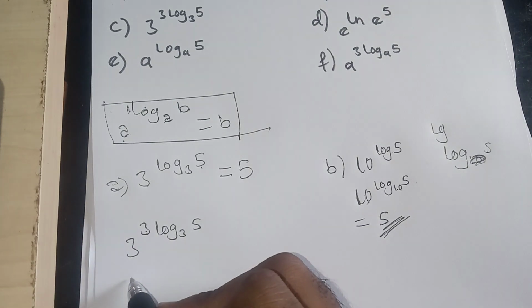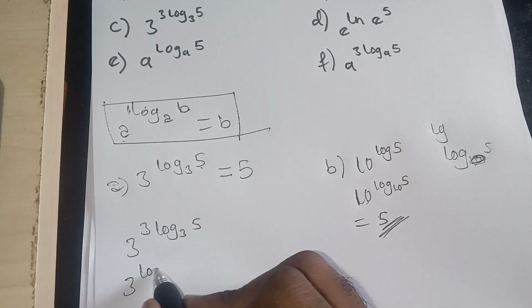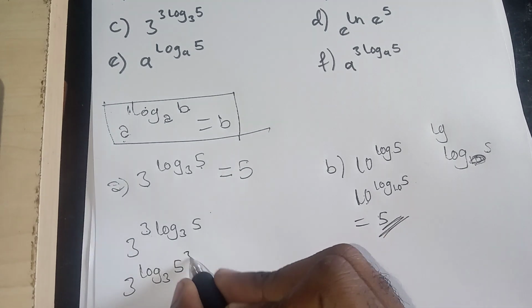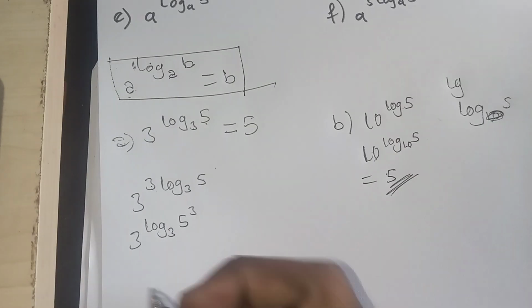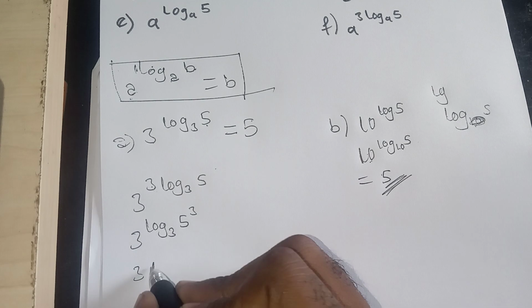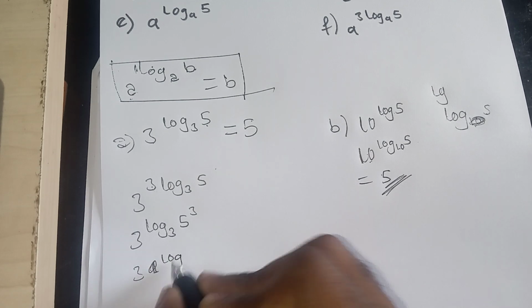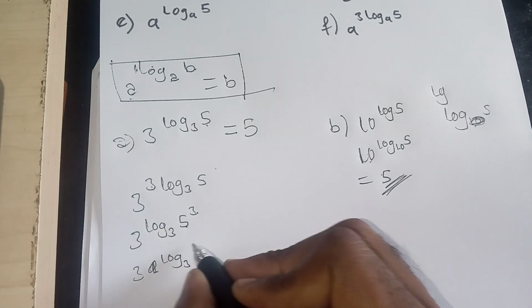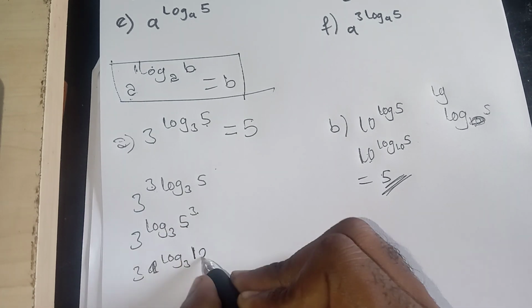How do you do that? You can simply apply the power rule. So this will be the power, like this. Then this will be 3 to the power log 3 of 5 cubed, and 5 to the power 3 is 125.